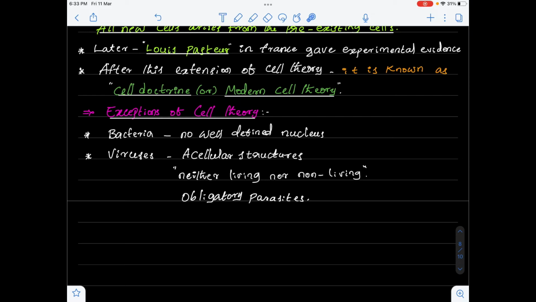So such a type of cell is called a true cell. But the bacteria generally called cells do not follow the cell theory because they do not possess a well-defined nucleus. Genetic material in a bacterial cell is not covered by the nuclear membrane. It is just freely suspended in the cytoplasm.